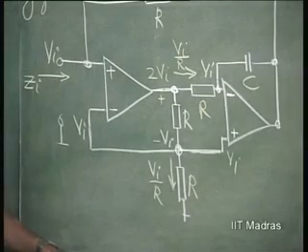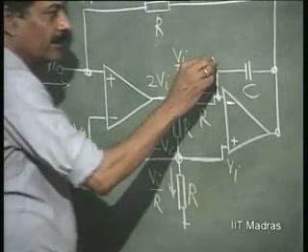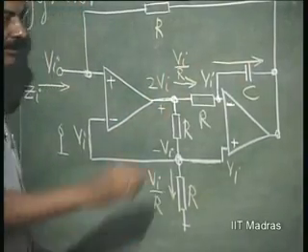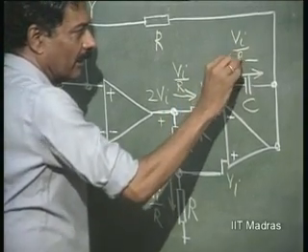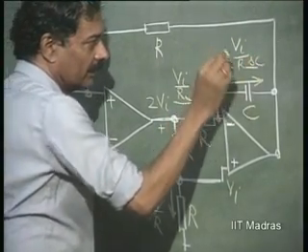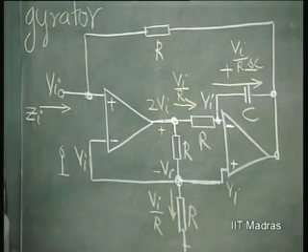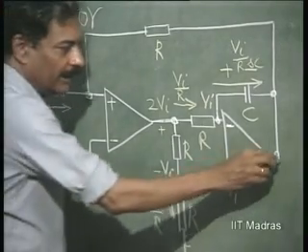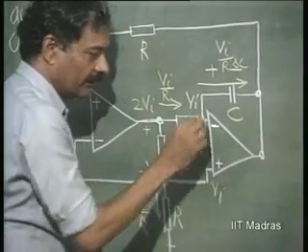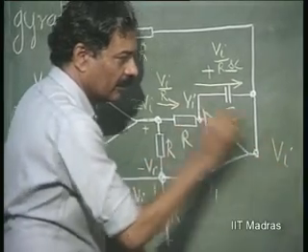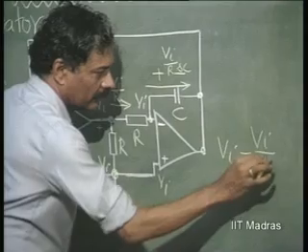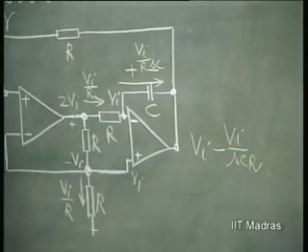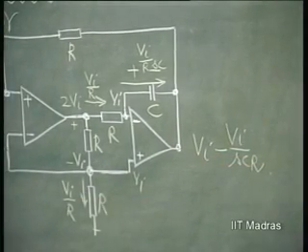This current cannot go anywhere else other than into the capacitor. So, the drop across this has to be Vi by R into SC with this kind of thing. So, the voltage here is going to be this Vi minus the drop here, this is the voltage here.